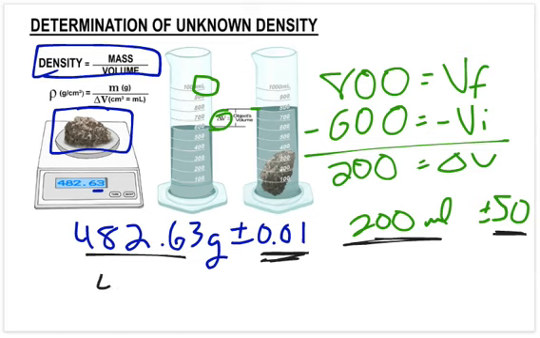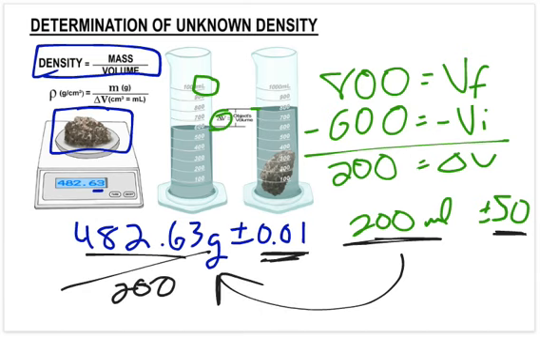So 482, like it says, divided by 200, and we get an answer that comes out to be 2.41315.